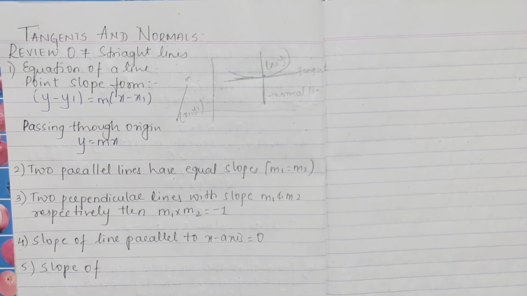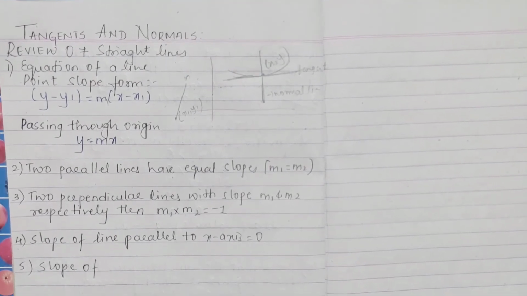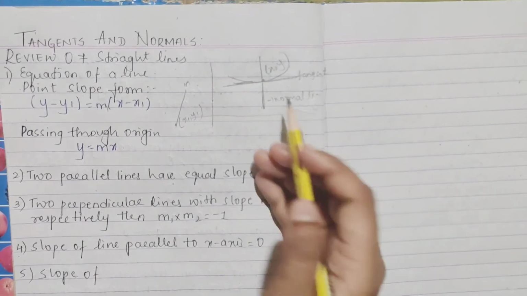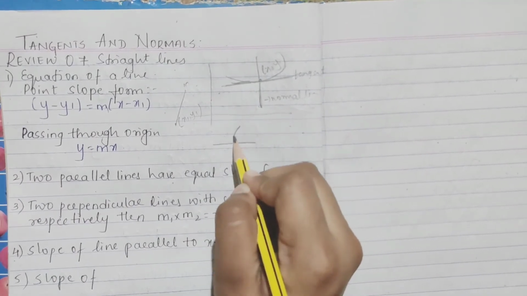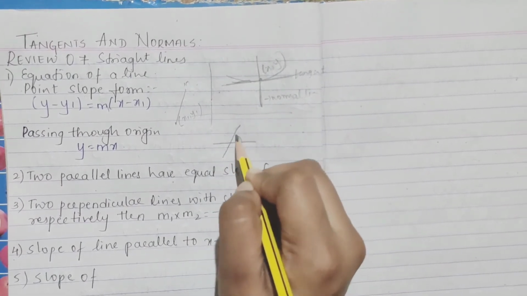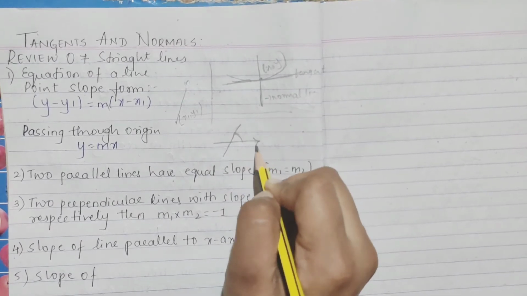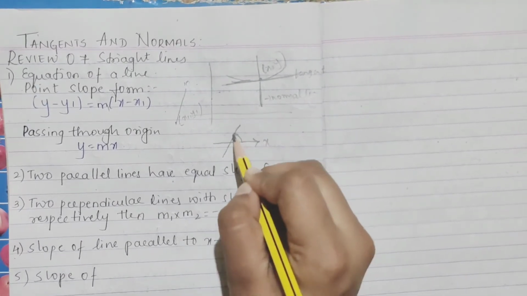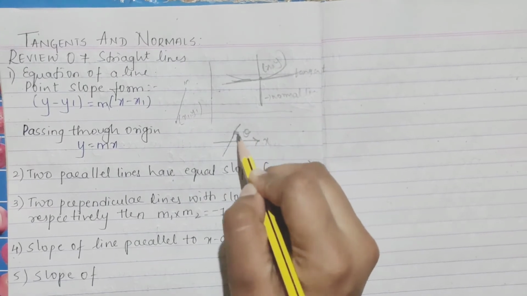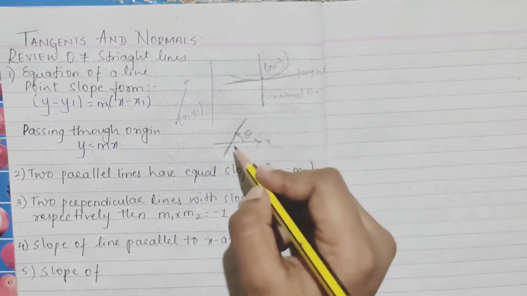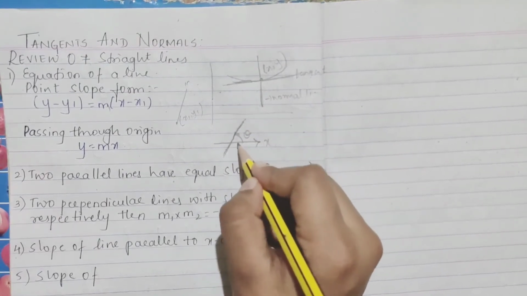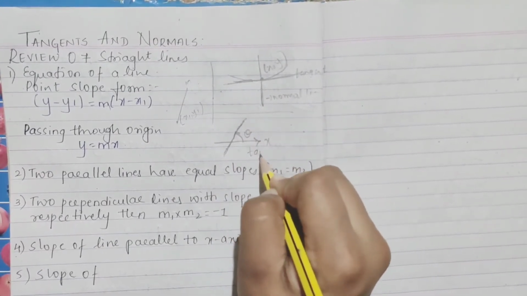See here, what does slope mean? I have already done this, but first I'll show you. A line making an angle theta anti-clockwise with the x-axis. Making an angle theta with the x-axis is called the slope, and this slope is tan theta.